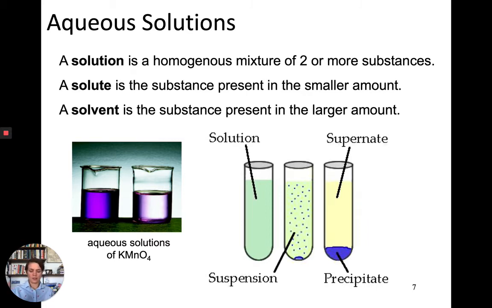When you first combine that silver nitrate with your arsenate, it is going to find each other, and some of it will start to precipitate. It almost looks like it's snowing. It gets kind of cloudy and gunky. That's a suspension. If you were to leave that for several days, then it would separate by density, and the precipitate would be at the bottom. We're already familiar with this term precipitate from our lab.